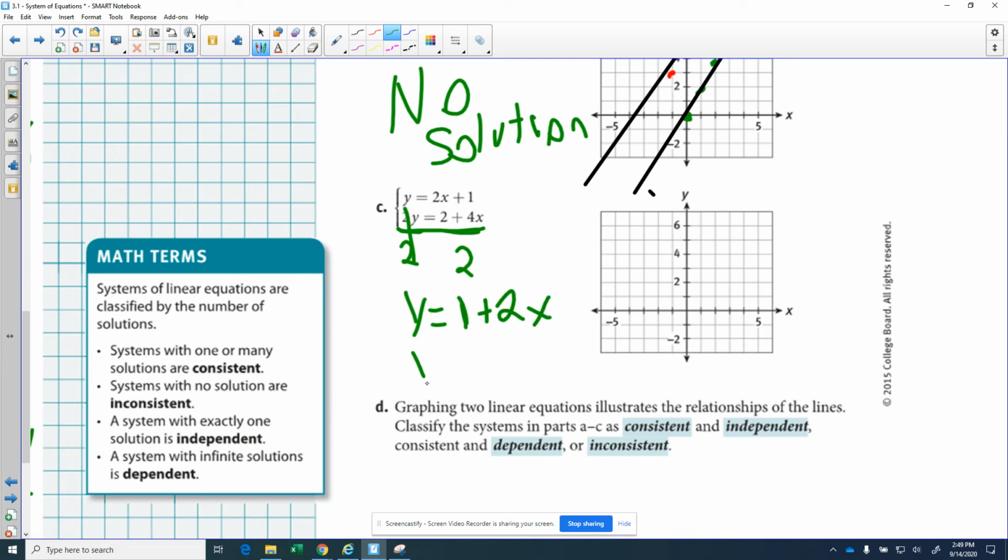If I rewrite that bottom equation, 2x plus 1, isn't this and this the same thing? If I graph it, they're going to be the same exact line, right?